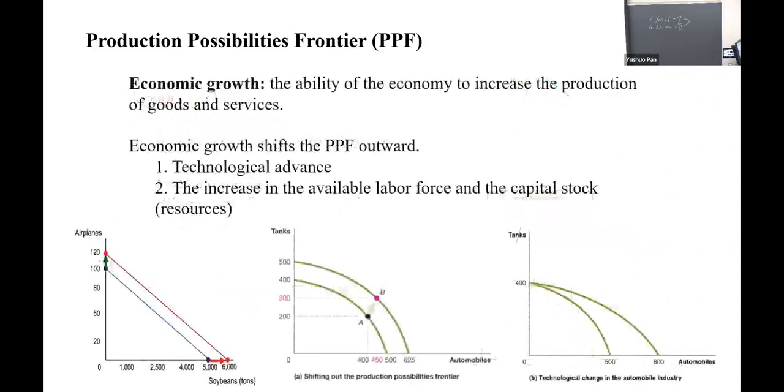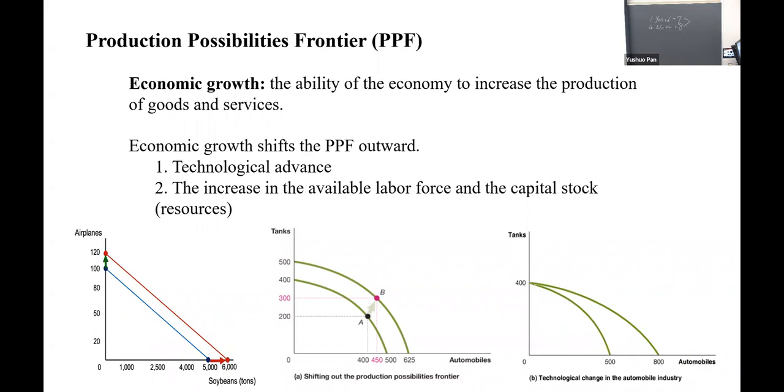Next part is economic growth, the ability of the economy to increase the production of goods and services. You have two ways to get economic growth. The first one is technological advance. That's easier to understand.